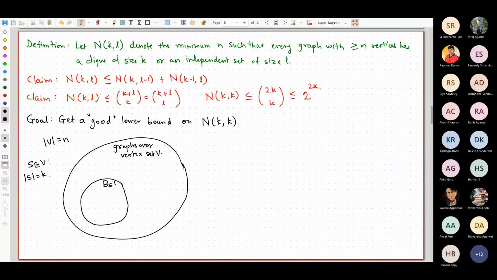This is the set of graphs in which S is either a clique or an independent set.